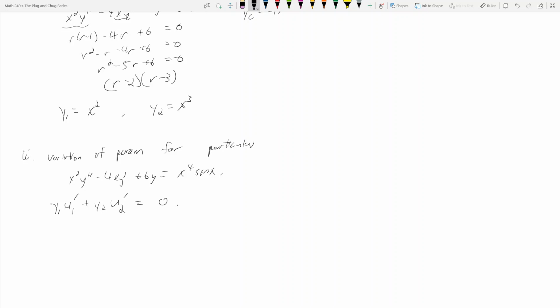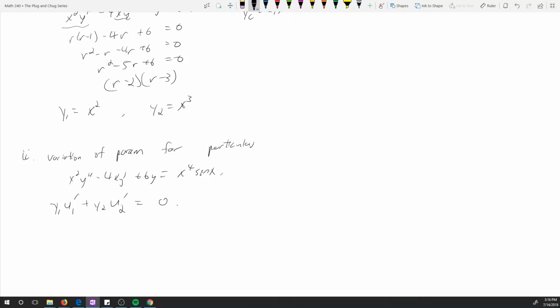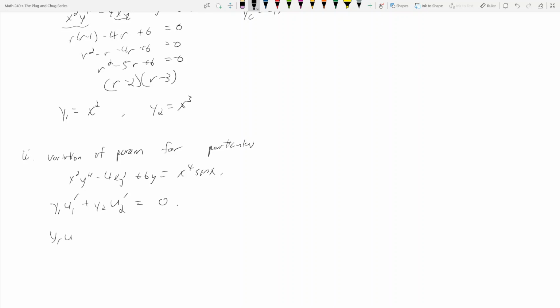And then y1 prime u1 prime plus y2 prime u2 prime is equal to x to the negative 2 f of x. I didn't do this step in the variation of parameters video. What you just have to consider is that anywhere we have f of x, it just becomes x to the negative 2 f of x.